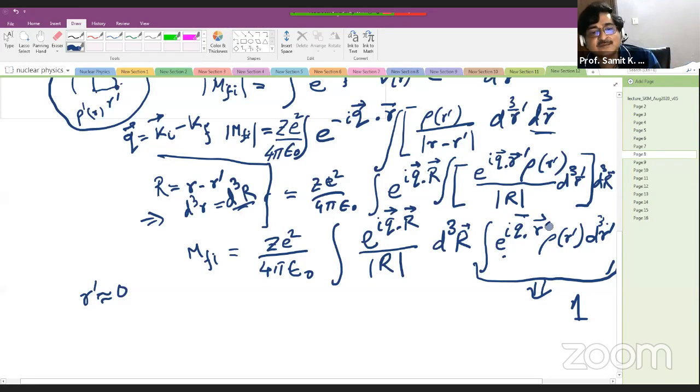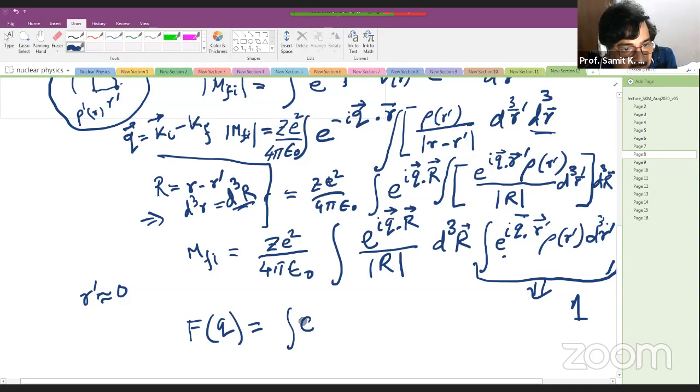So this whole quantity goes to 1. And this quantity can be represented by F q, F q equal to the integral of e to the power i q dot r prime, all vector quantities, rho r prime, dq r prime.